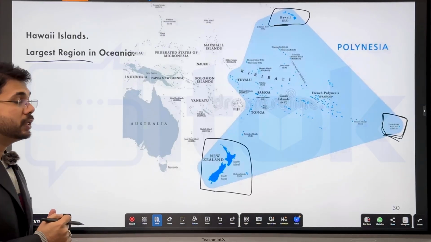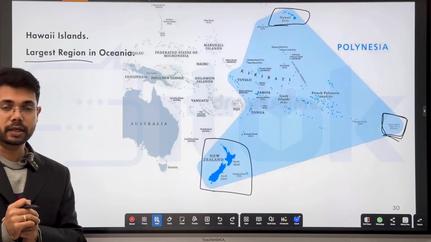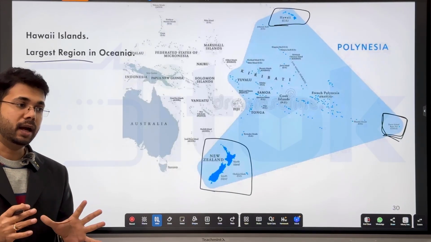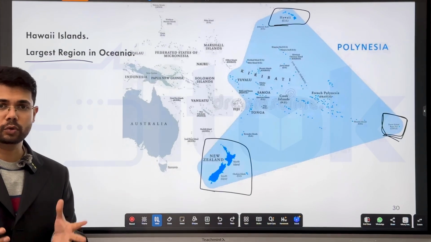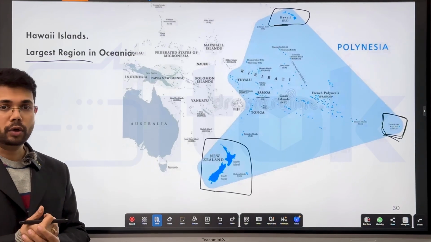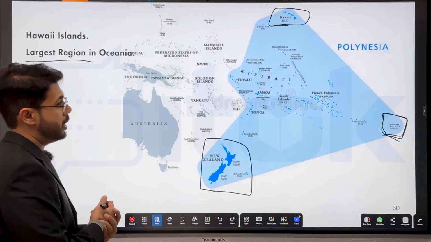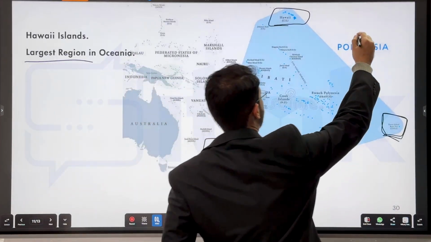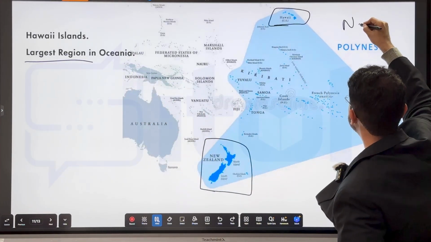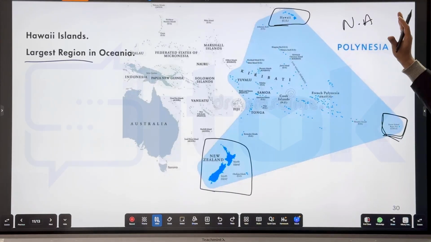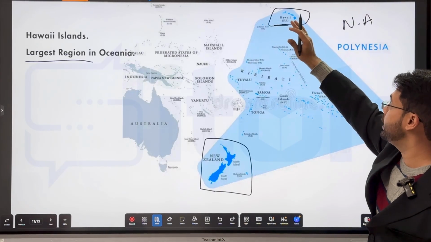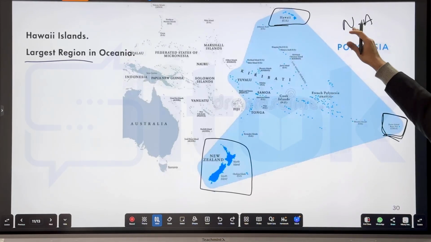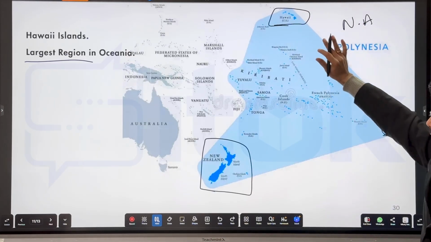I wanted to give you the list of those continents and regions where it is easy to get confused with Oceania. First, the North American continent is over here. The confusion is Hawaii. Hawaii is not in North America. Hawaii is in Oceania. Clear?